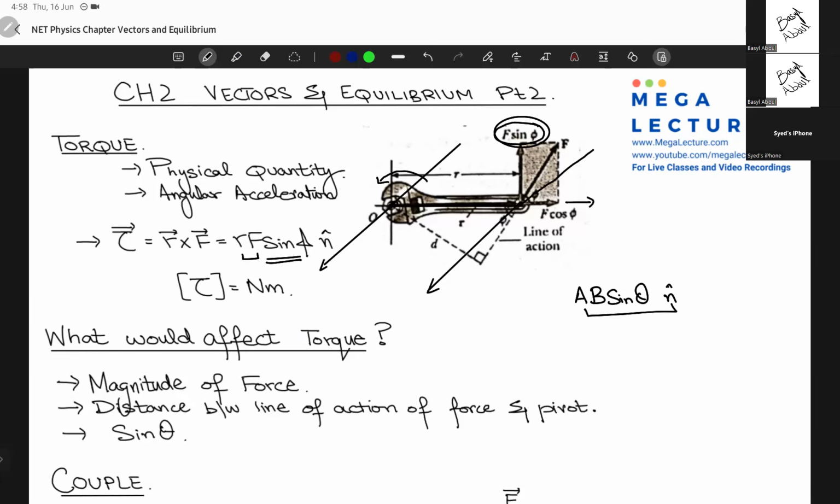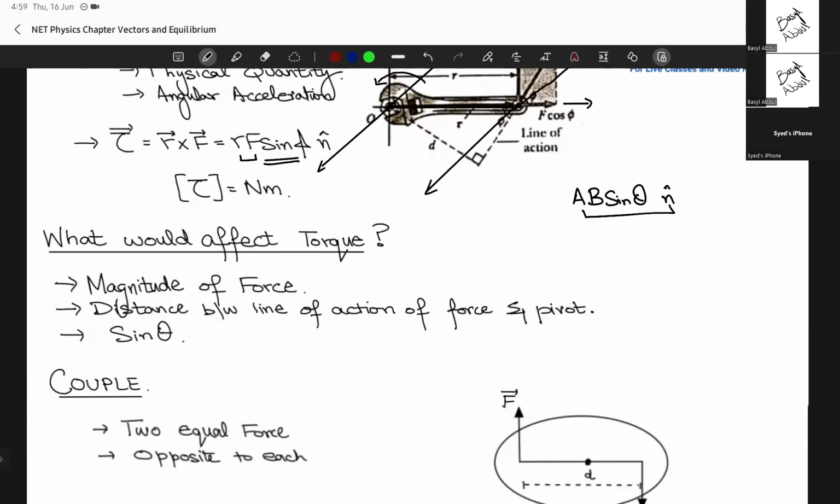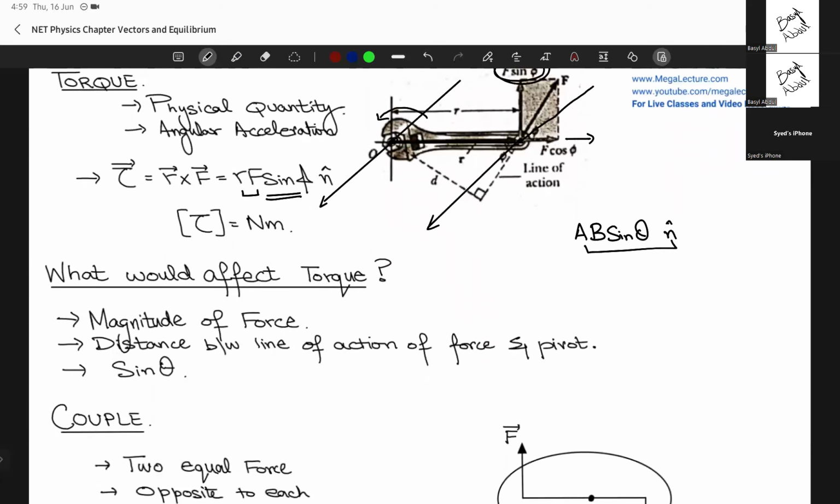Okay, so next we have the effect of torque. What things would affect the torque basically?